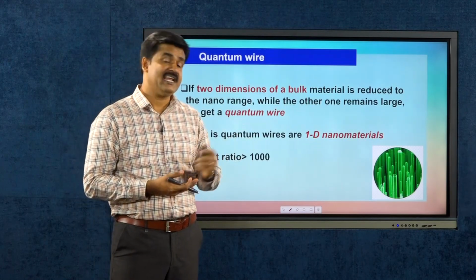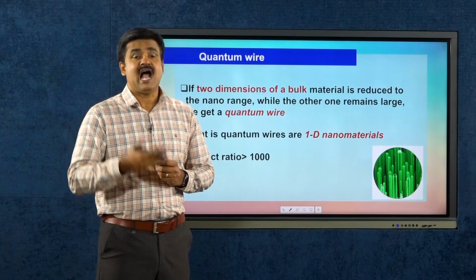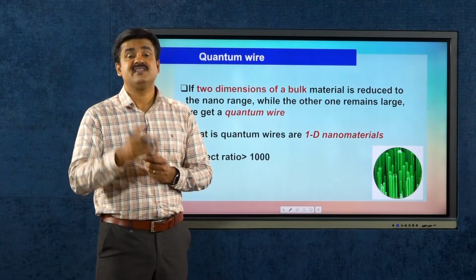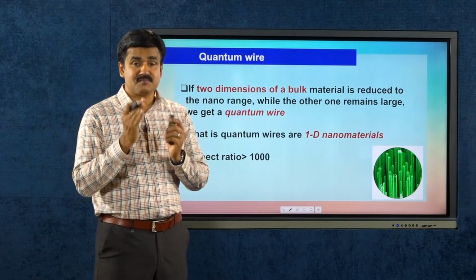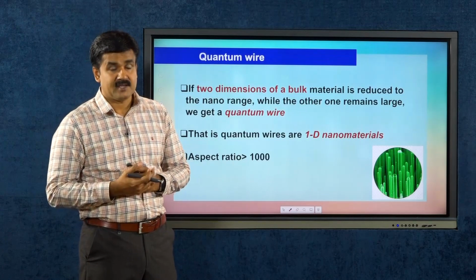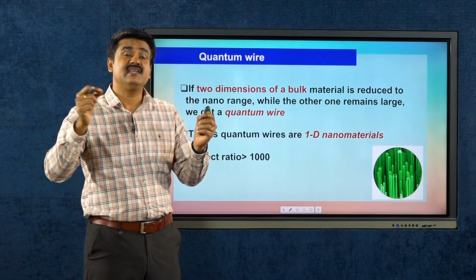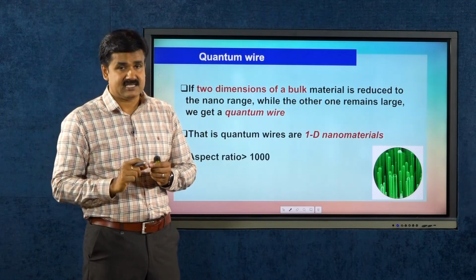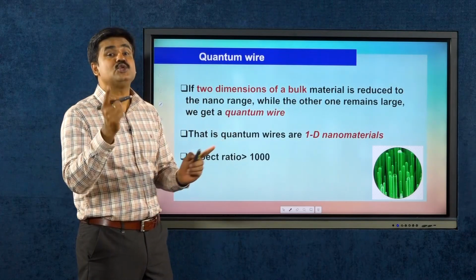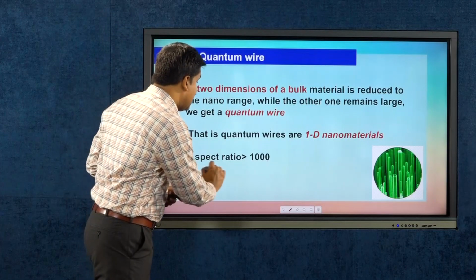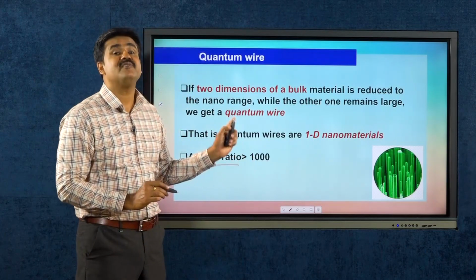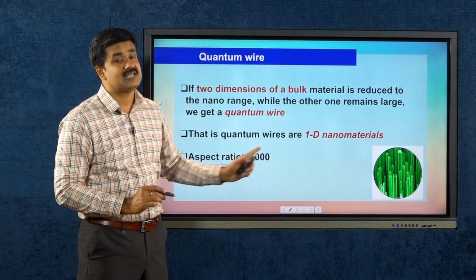We previously learned about nanorods, and for nanorods, the aspect ratio is between 3 to 5. But for a quantum wire, the length is again very high when compared to width. That is why the length to width ratio, or the aspect ratio, is very high. It is in the range of 1000.